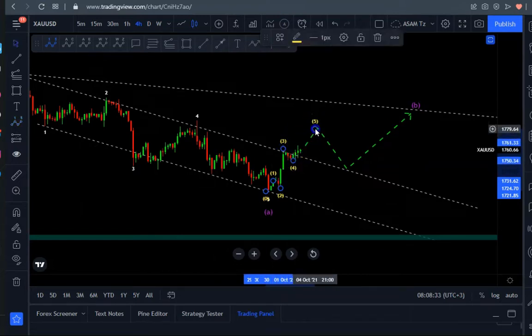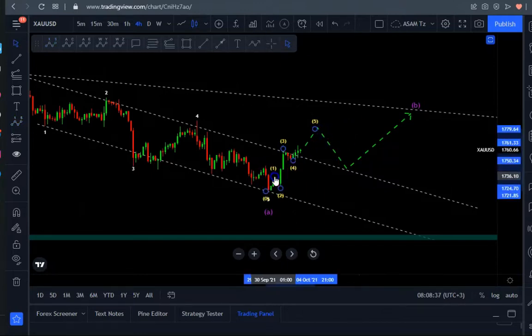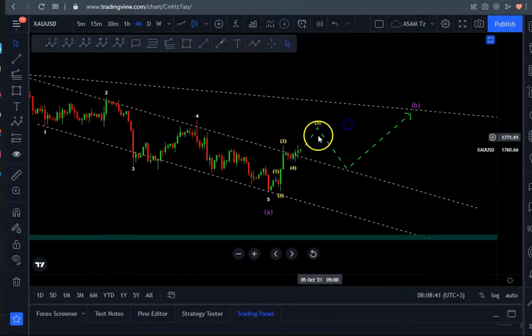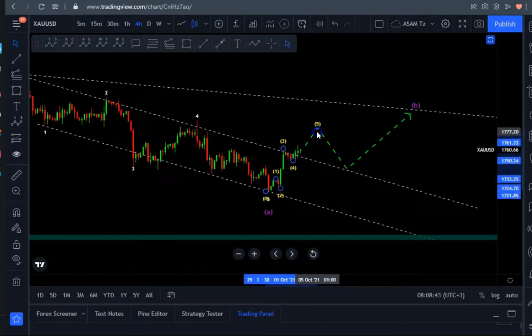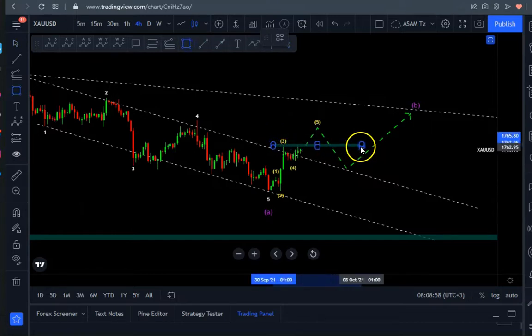So probably wave 5 may hit that level. Probably wave 5 may hit this level. It depends on whether it will be extended, or whether it will have equality with the third wave. If it will have equality with the third wave, we expect wave 5 to move beyond this area.